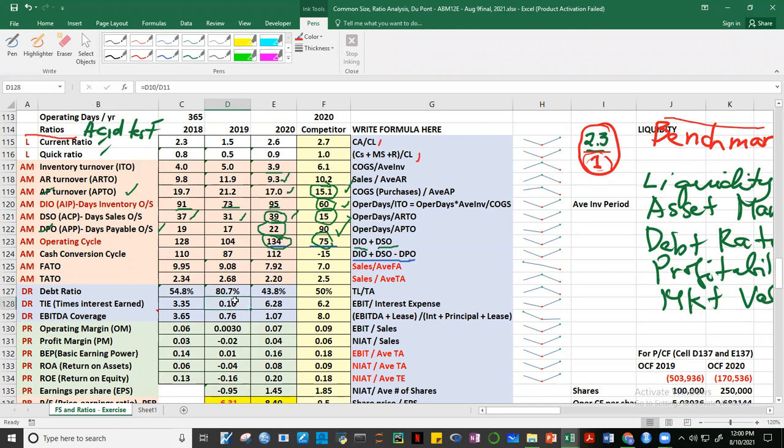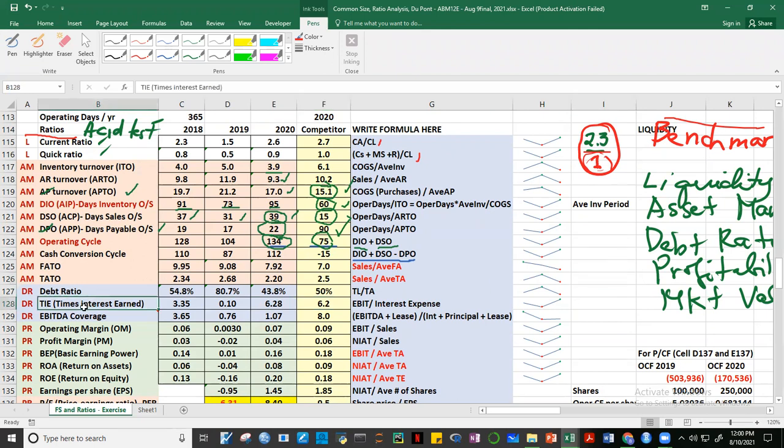Nagka-problema tayo sa 2019, no? Kasi 10 centavos lang ang available na operating profit in order to pay interest expense. So sa bawat 1 peso interest expense, meron lang tayong 10 centavos to pay it. Samantalang si 2020, 6.28. And in fact, we performed better than the competitor.